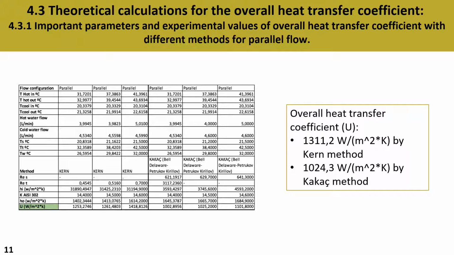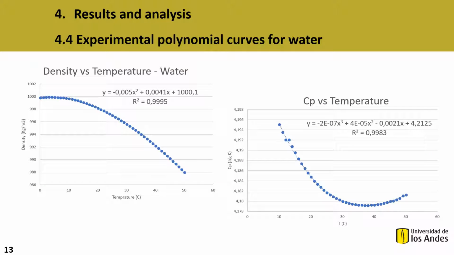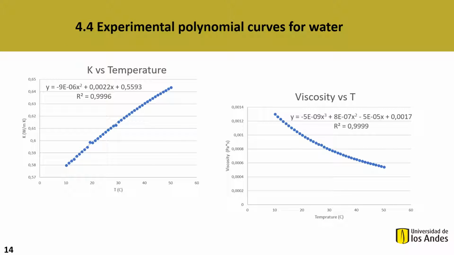Here we can see the results of the parallel flow, and here the ones for the countercurrent flow. Experimental polynomial curves were built with experimental values by making an adjustment in function of temperature with regard to different variables such as density, specific heat, conductivity and viscosity, in order to model these variables needed to do calculations at any temperature.